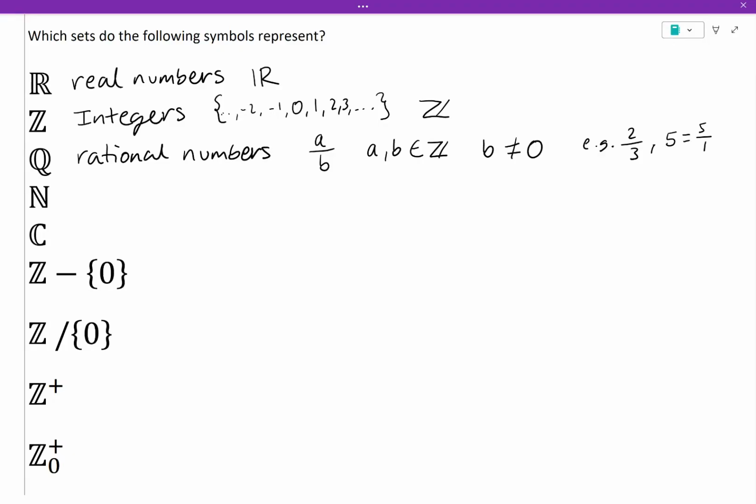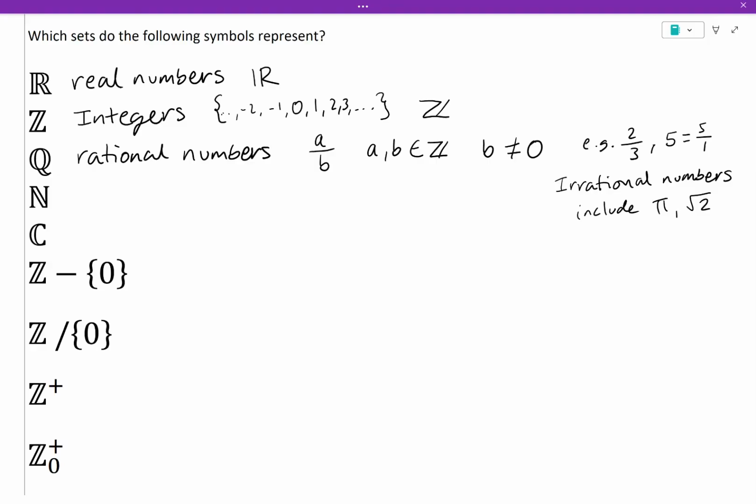Numbers that are irrational are the ones that wouldn't be in this set. Irrational numbers include one of the most famous numbers that you know, which is pi, and then surds, for example √2.